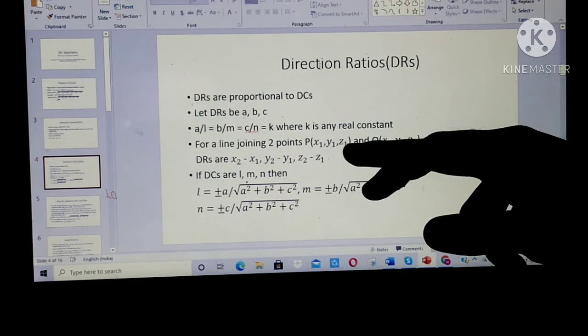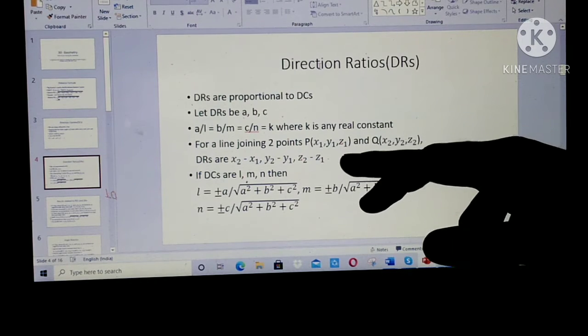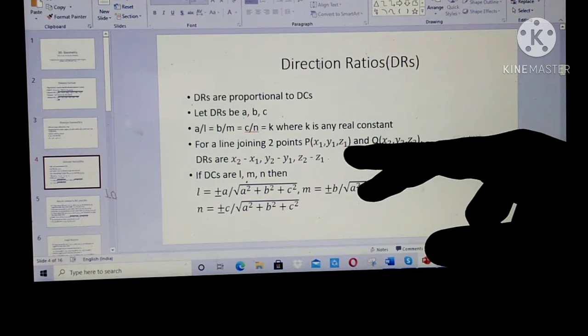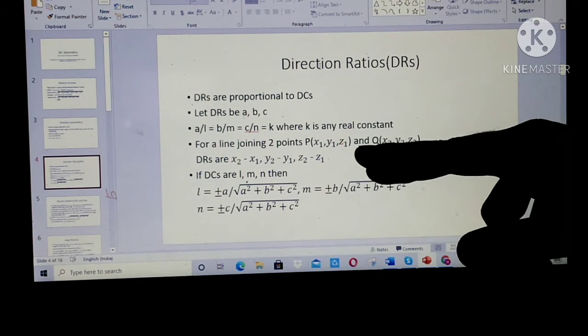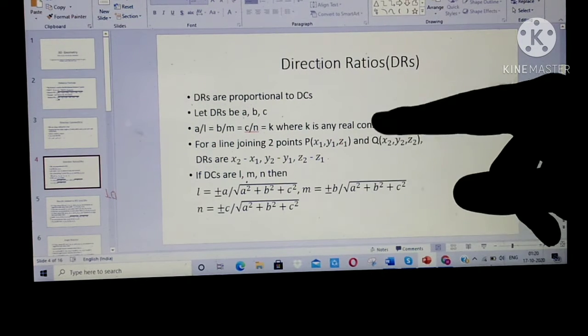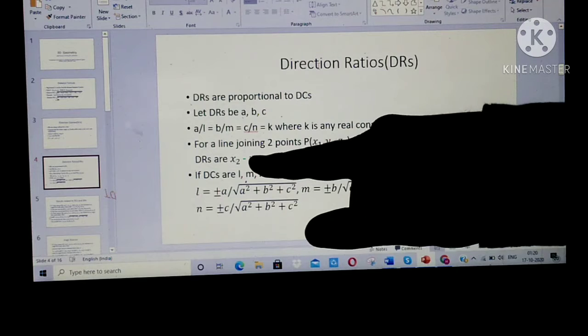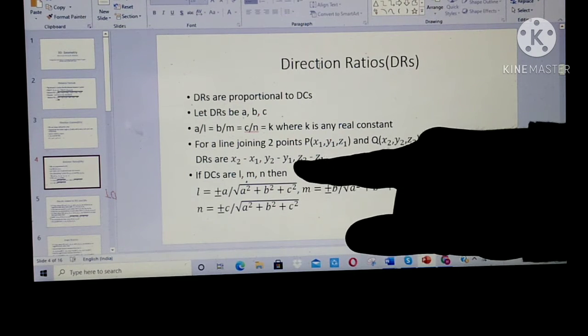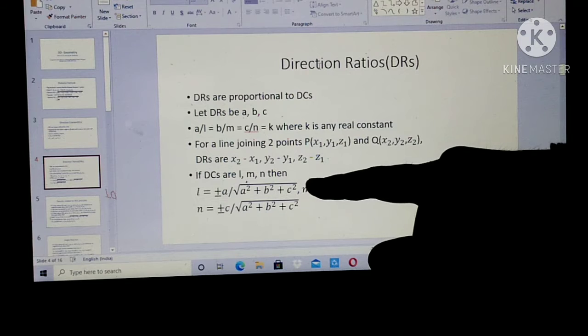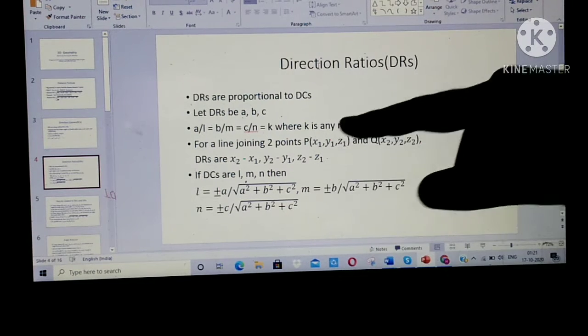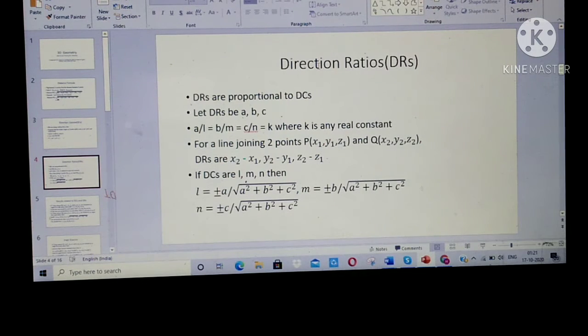For any line joining two points P and Q, where the coordinates of P are x1, y1, z1 and the coordinates of Q are x2, y2, z2, the direction ratios are given by the difference of their corresponding coordinates: x2 minus x1, y2 minus y1, z2 minus z1. If the direction cosines are L, M, N, then we can relate them with direction ratios using this formula.